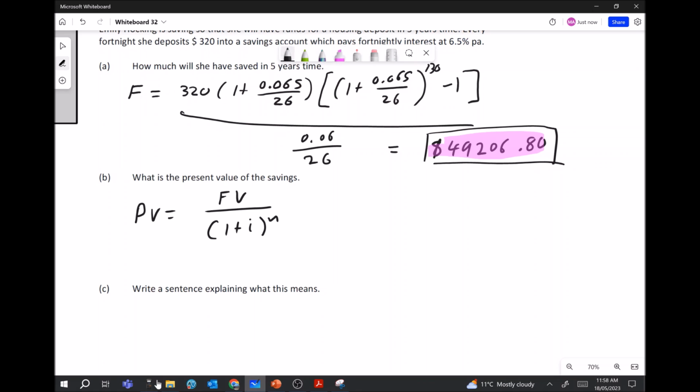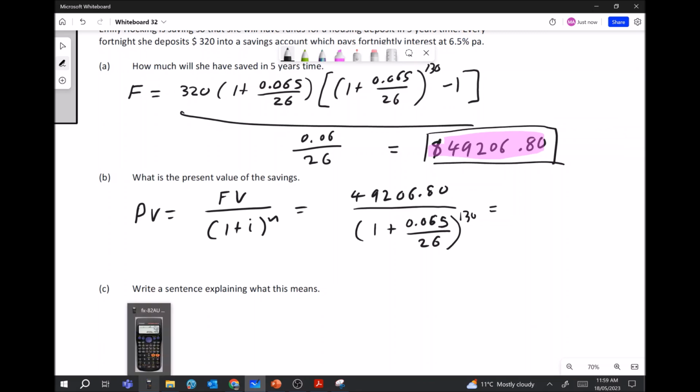Okay, so let's put that information in. The final value is the $49,206.80. And we just use the conditions or the interest rate and time period from the investment. So it's like, how much would we need to invest in order for it to grow to this amount into the future?